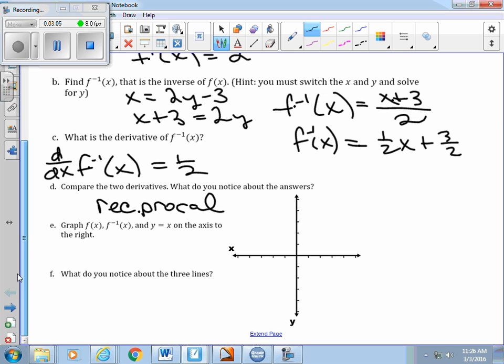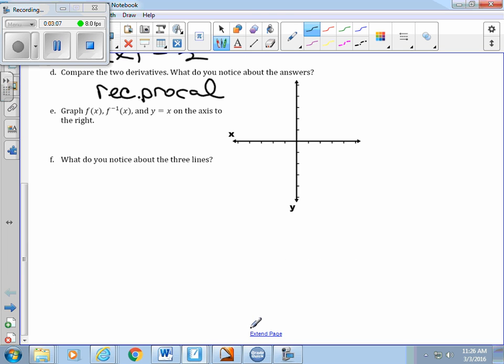So I have asked you to graph f and f inverse and the line y equals x on the graph. What was the original?